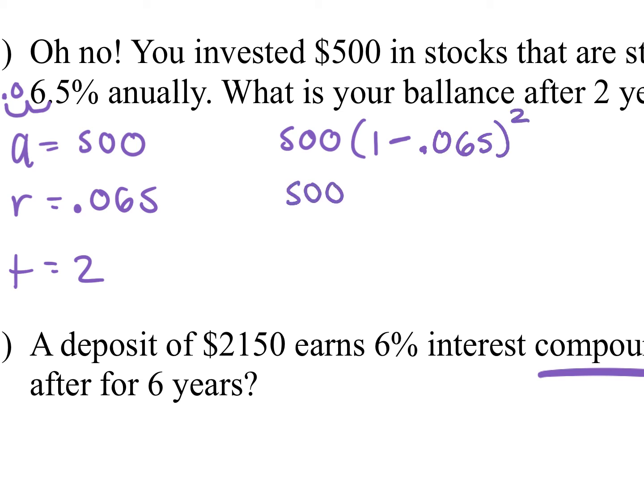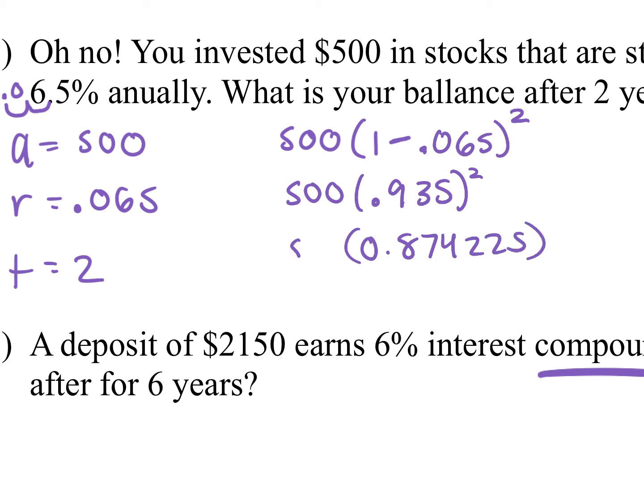So what do I have to do first? The parentheses. 1 minus 0.065 would be 0.935. Then what's next? The exponent. So 0.935 to the power of 2, which is 0.874225.